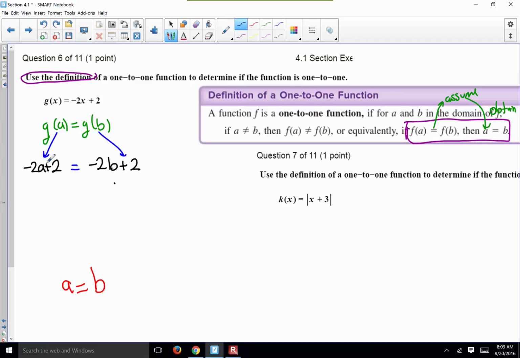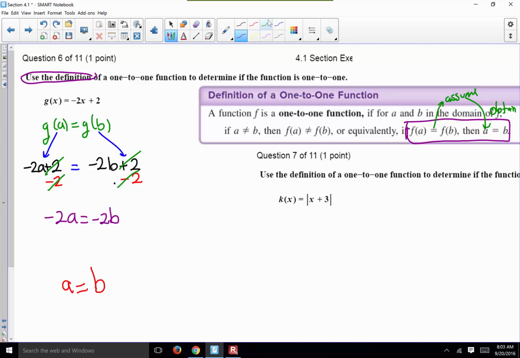Now how can I wipe off these 2's? What operation do we do? Subtract. We take away 2 from both sides. That's allowed in equation solving, right? Yes. So we have reduced our equation into this. I have the minus 2's to be taken care of.